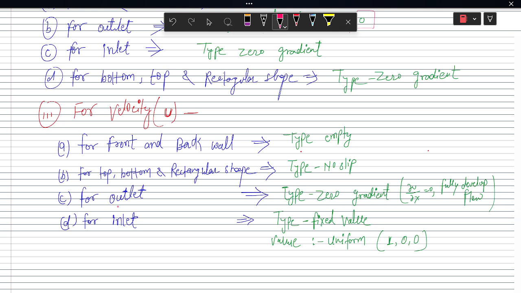First, for the front and back wall, type empty, because you know there is no movement of fluid in this direction, that is the z direction. For the top, bottom, and rectangular shape, the type is no-slip boundary condition.